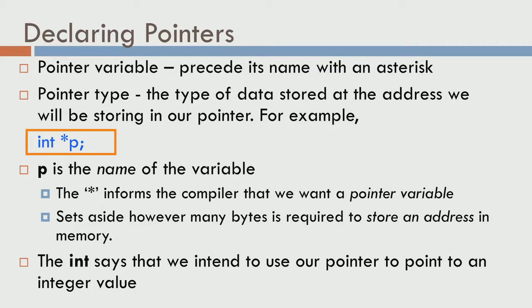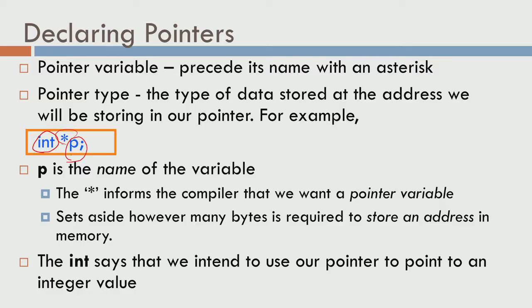So, let us see how to declare a pointer variable. You precede the name. So, p is the variable name and you precede a variable name by this mark called asterisk, or a star, and before that you have the data type. So, there are 3 things that go with a pointer variable. You have the data type, you have star and you have the variable name.